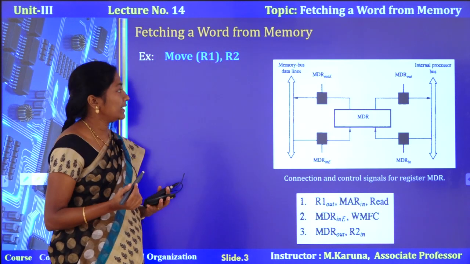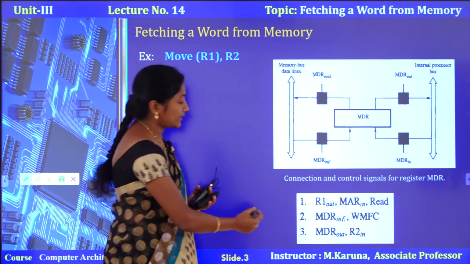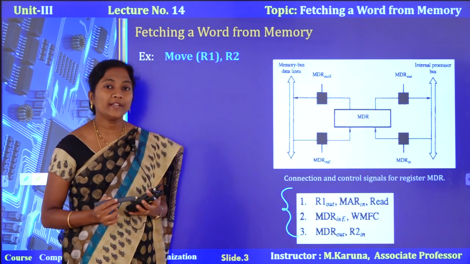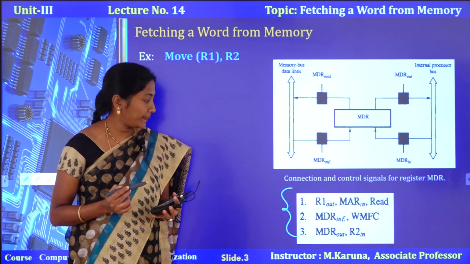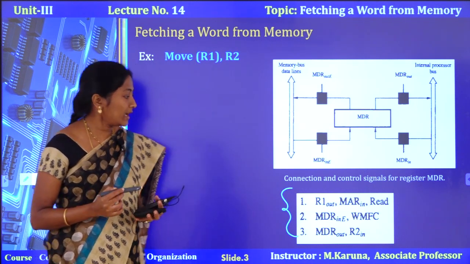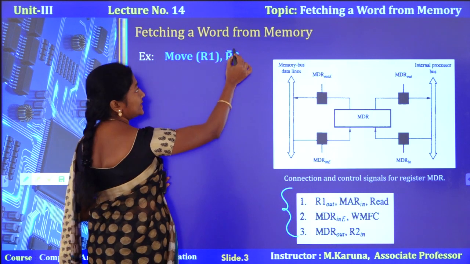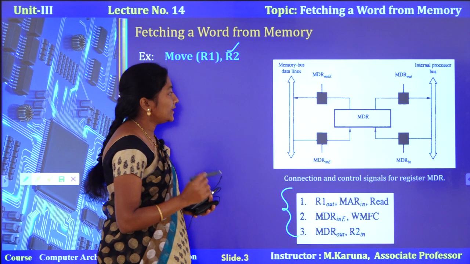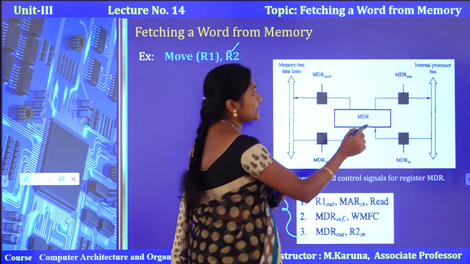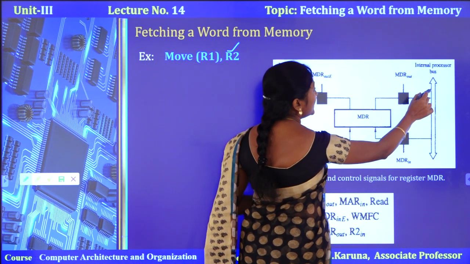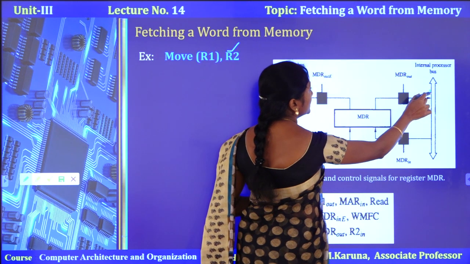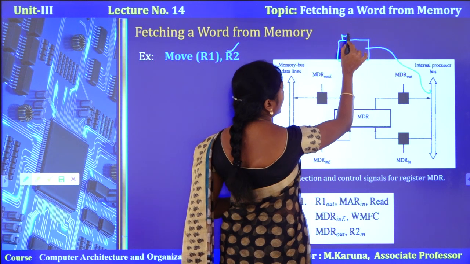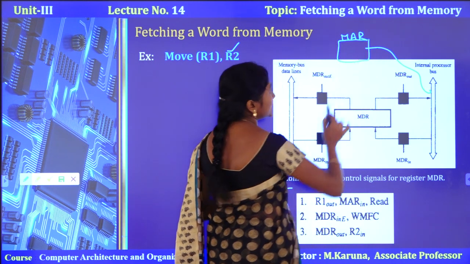Now let us see the sequence of actions required to read the data from memory and transfer that data to the destination register R2. Initially, the processor sends the address to the MAR register.